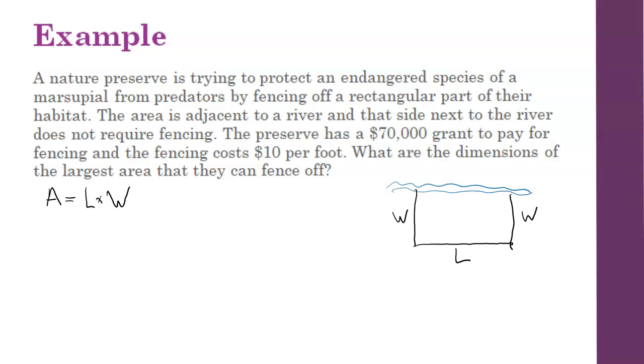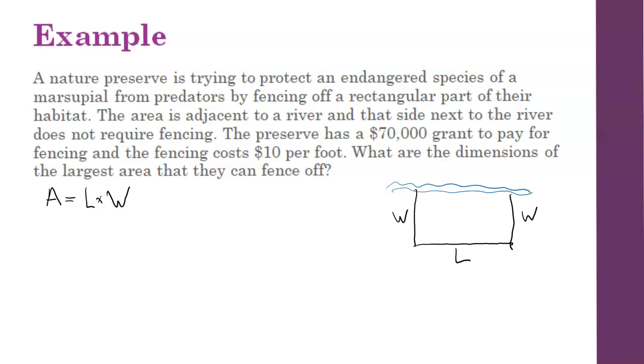And in my picture, I can see that I need to buy two lengths that we call W and one length that we call L. And each of those costs $10 per foot.